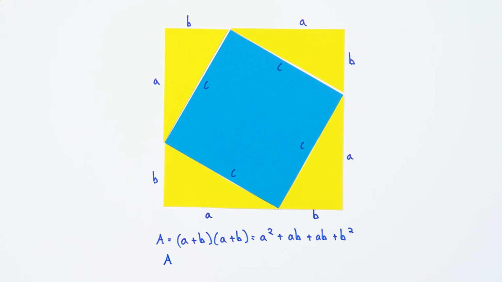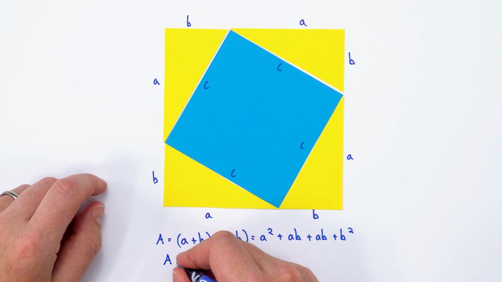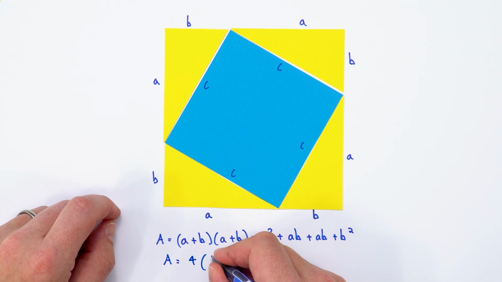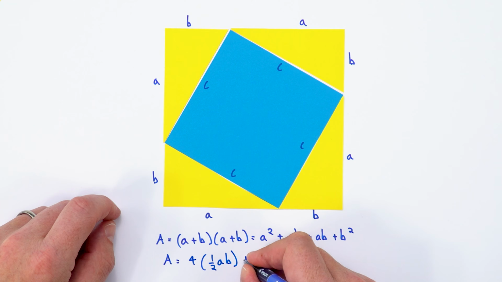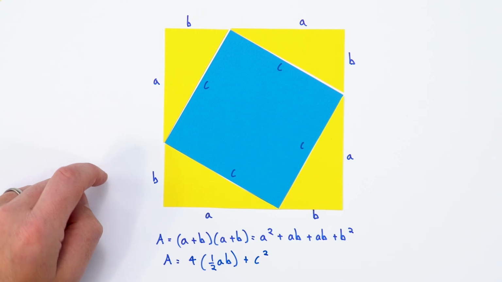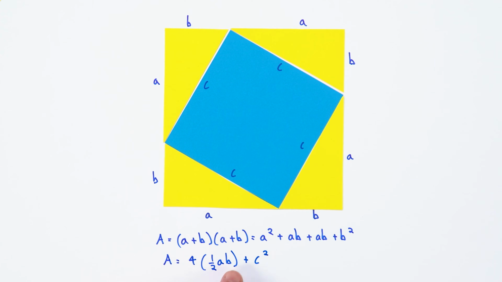Now the area of a triangle is going to be equal to a half base times height, and there's going to be 4 of these triangles, so that's 4 times a half base times height, which is AB, plus the area of this square here, which is equal to C squared. And of course if you've got a half AB times 4, that's the same as 2AB plus C squared.